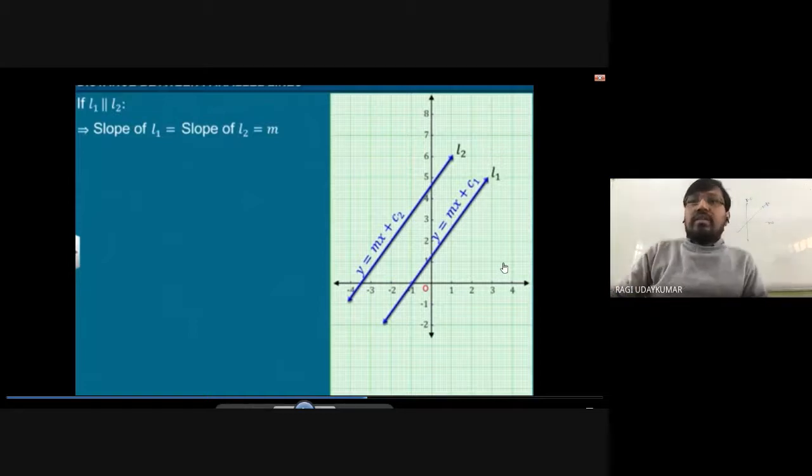Although I have given time, you are not able to say. This line L1 is intersecting the y-axis at what point? Because the y-intercept is c1, the point is (0, c1).